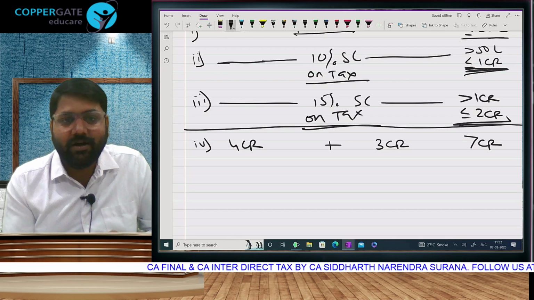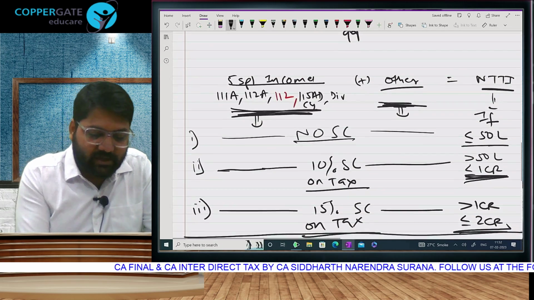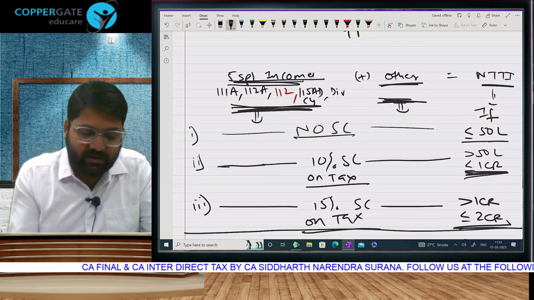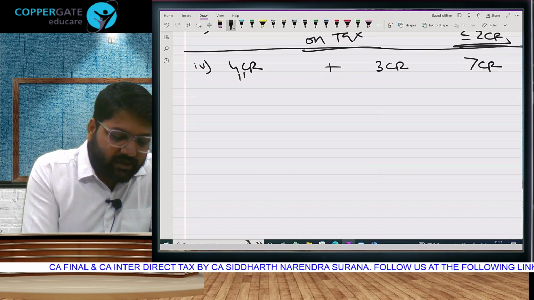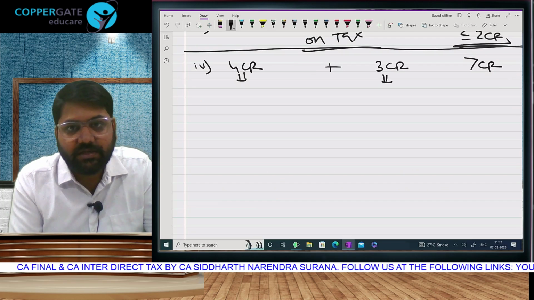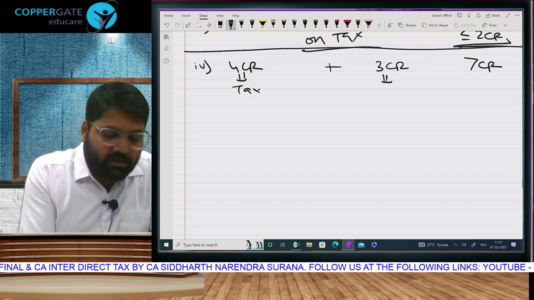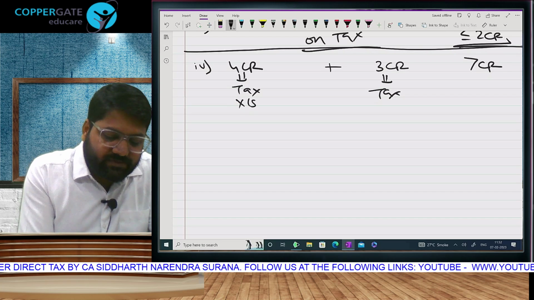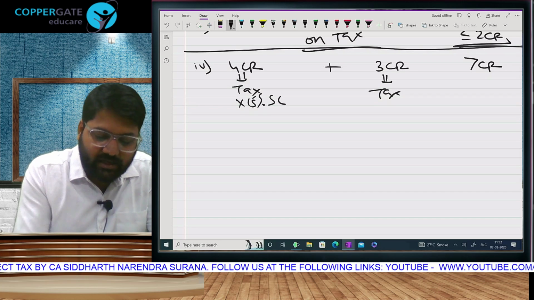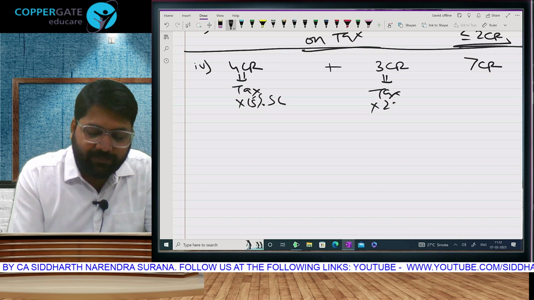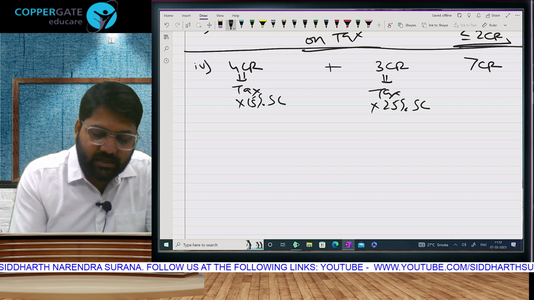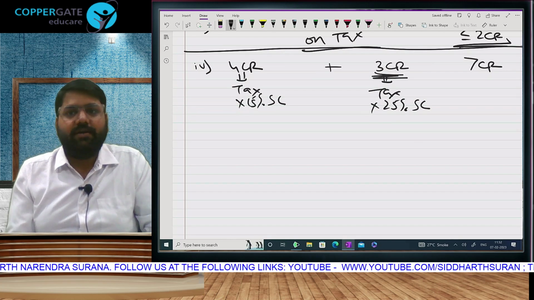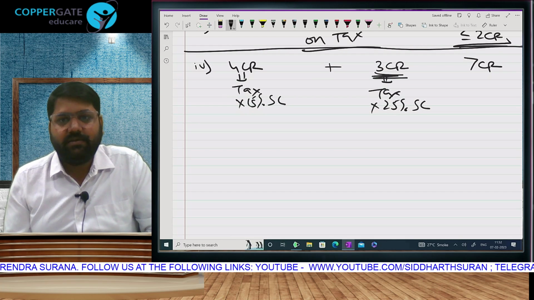But now understand that these are the 5 special incomes and other incomes. On these special incomes, will you calculate surcharge first? No, friends. Calculate tax on this, calculate tax on this. On this tax, we will apply only 15% surcharge, and on this tax, we can apply 25% surcharge because this is 3 crore, more than 2 crore, so 25%.